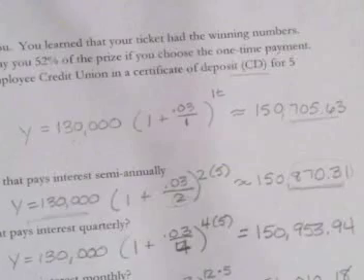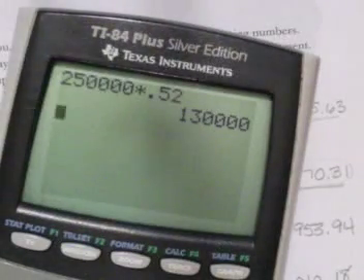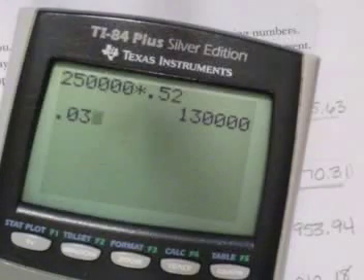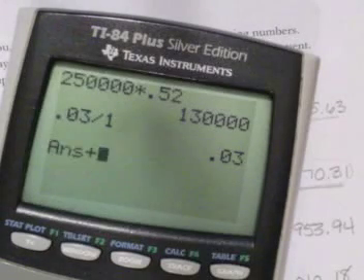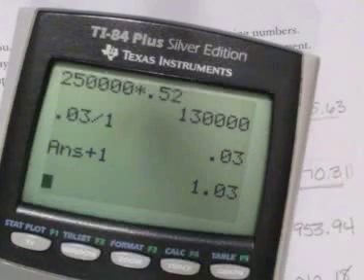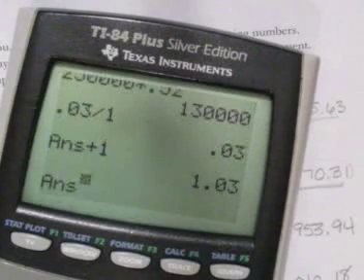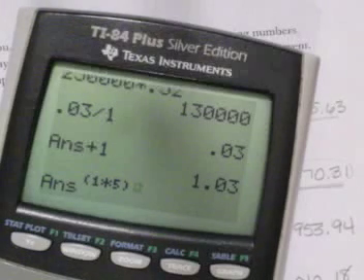I want to show you the keystrokes that I use to do that. Order of operations is really pretty important here. So my interest rate is 0.03, and that's divided by 1. And then I'm going to add 1 because it's 1 plus my interest rate. And then I'm going to raise that to the 1 times 5 power because I've invested for 5 years.